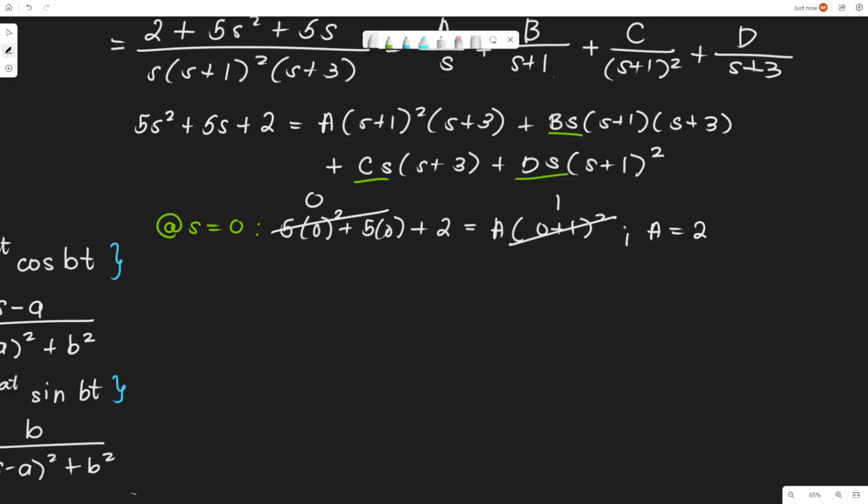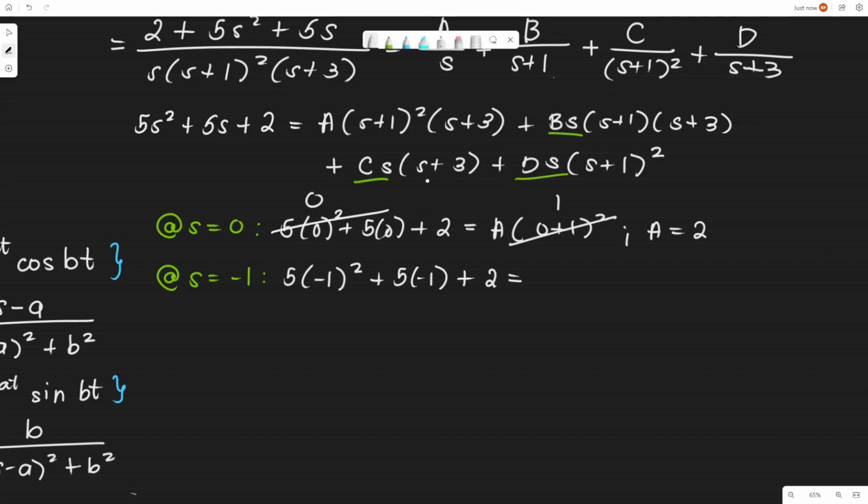So, we already have one value. Next, s plus 1. So, para mag-0 si s plus 1, we need at s is equal to negative 1. Okay, so we have here 5 times negative 1 squared plus 5 times negative 1, then plus 2. So, lahat ng mayroong s plus 1 magzi-0 lang. Ano yon?